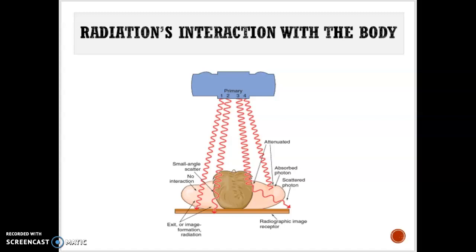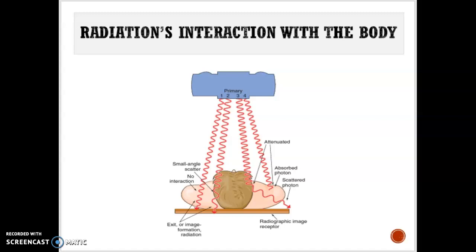When you have a large number of photons, it's really hard to predict the interactions these individual photons will have on the biological matter when they enter the human tissue. However, it is possible to predict what will happen on average, and this is adequate to determine the characteristics of the image that will result. When an X-ray beam passes through a patient, it goes through a process called attenuation.